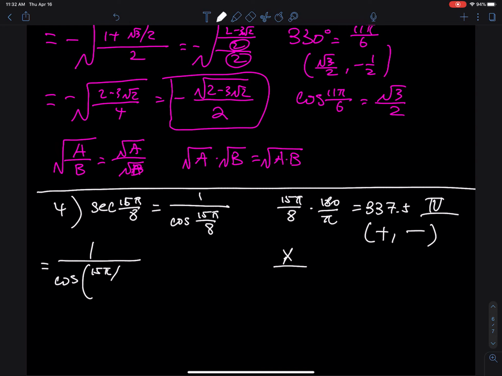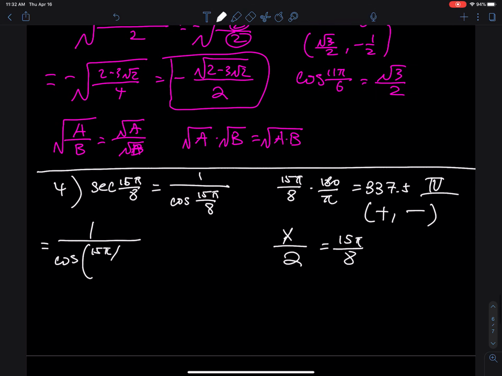Okay, let's do it now. We have unknown divided by 2 equals to 15 pi divided by 8, because I'm wondering where is the half angle. And then you multiply both sides by 2, so x is equals to 15 pi over 8 times 2, you get a 4. So this will be 15 pi divided by 4 over 2.